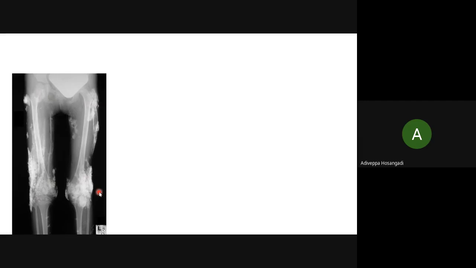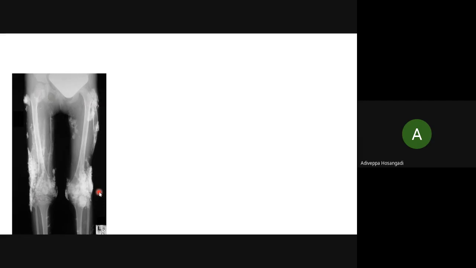Normal endochondral ossification is there, but the regulation is altered. It is a congenital disorder. It is an autosomal dominant disorder. Most commonly seen in the first decade of life.